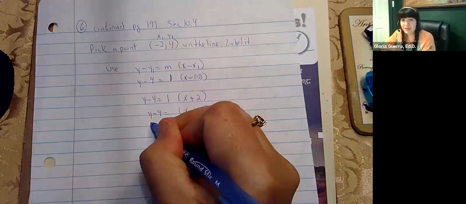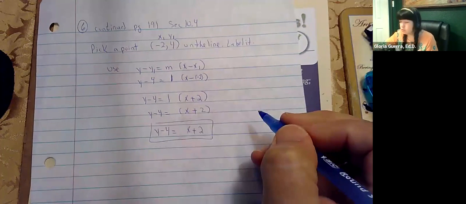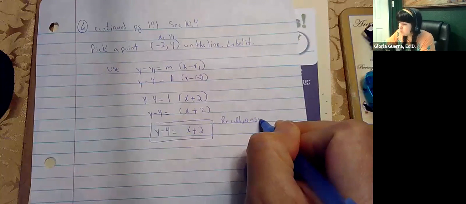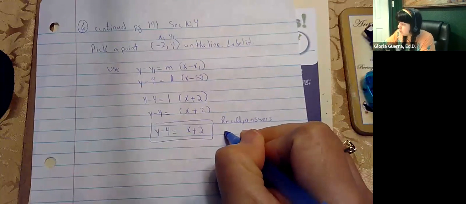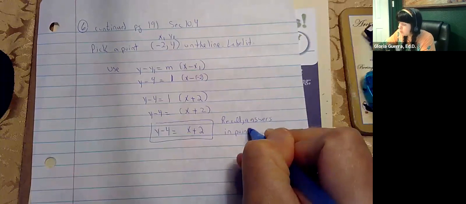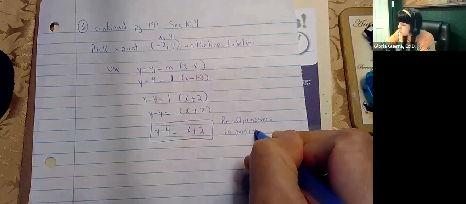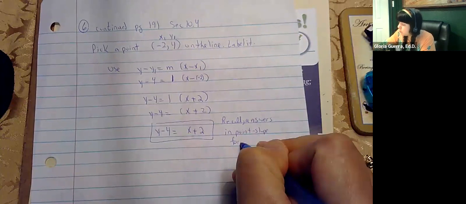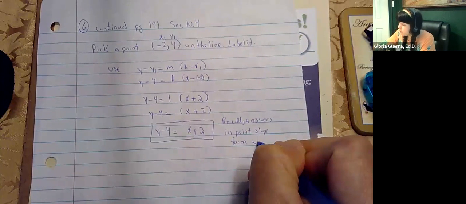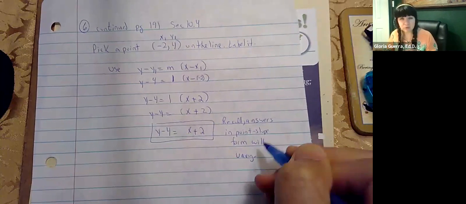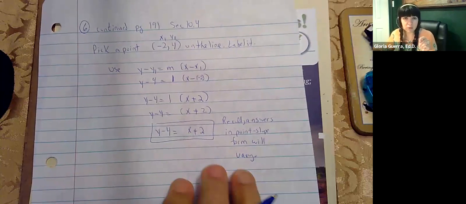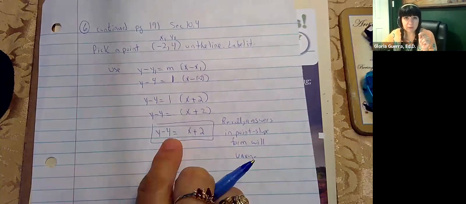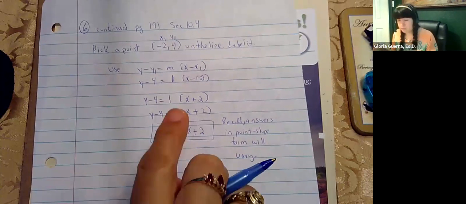So remember I said answers will vary. Recall for these problems, answers in point-slope form will vary. This could be an acceptable answer because these numbers we plugged in happen to be another point on the line.